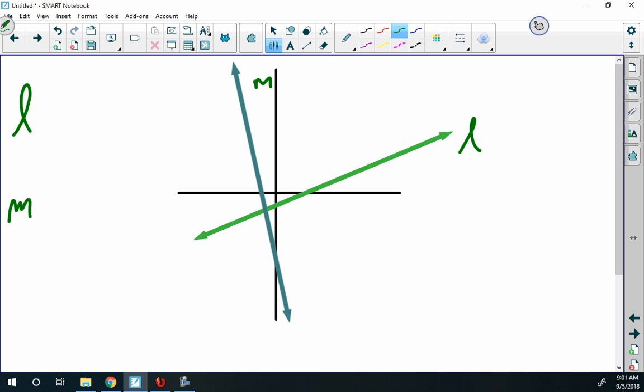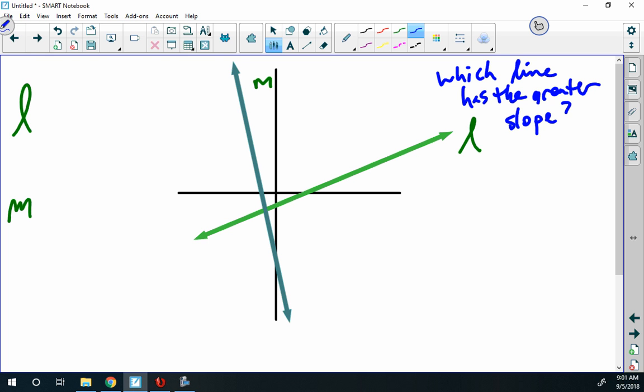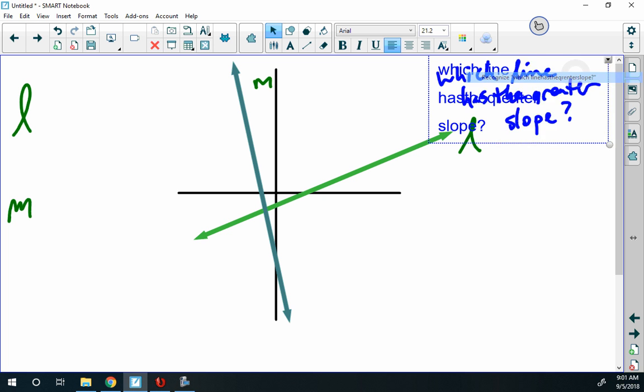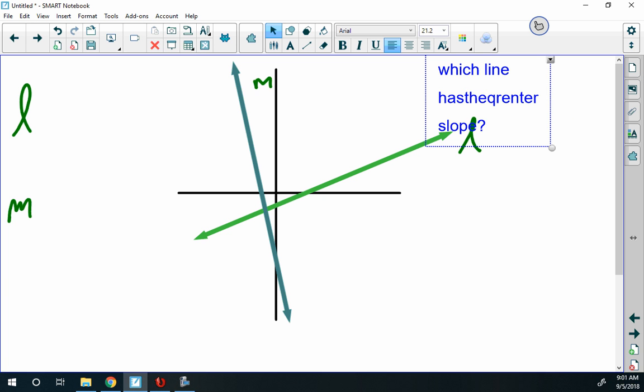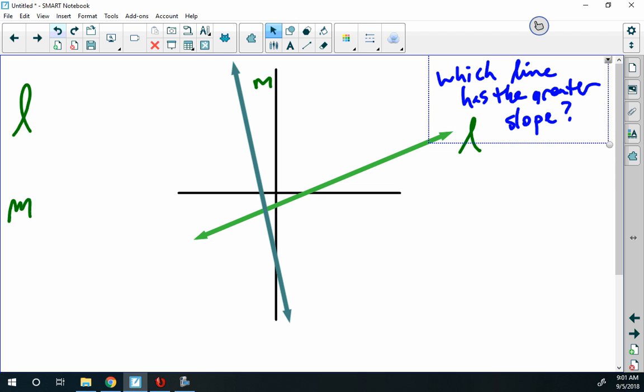The ACT asks this question: which line has the greater slope?